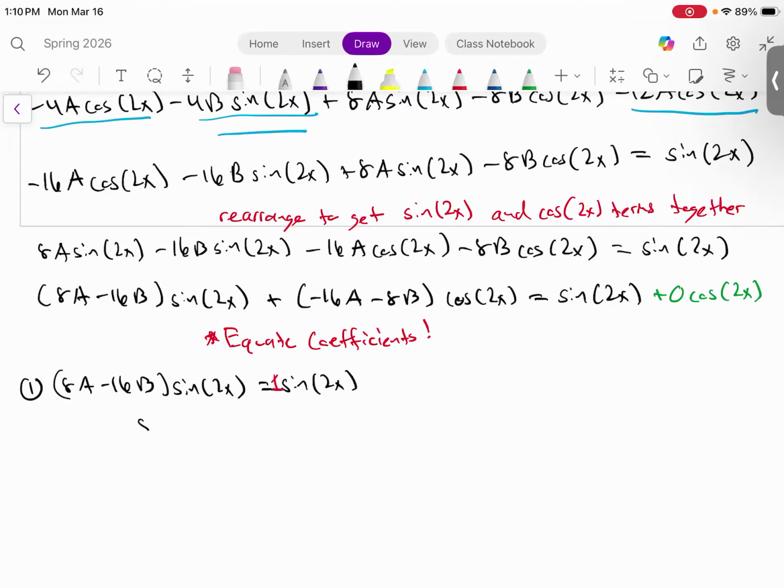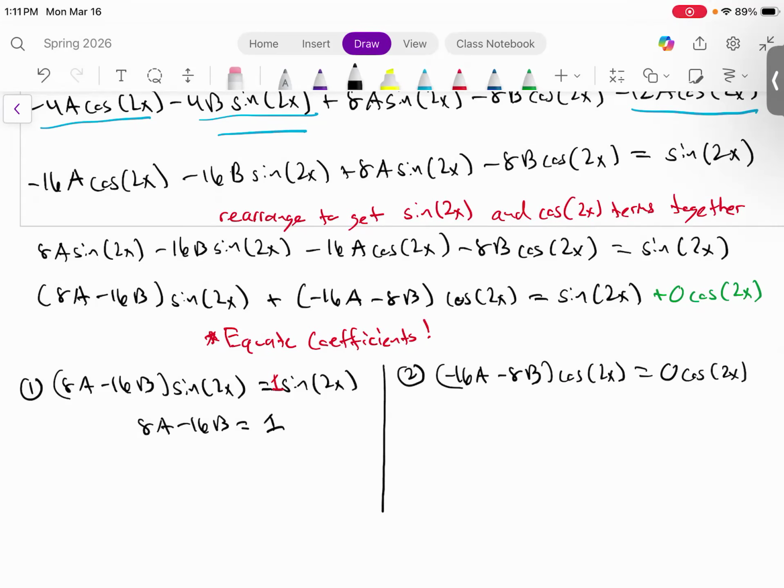We could say 8a minus 16b equals 1. And then for our cosine terms, it'd be negative 16a minus 8b times cosine of 2x equals 0 cosine of 2x. So this is like negative 16a minus 8b equals 0.